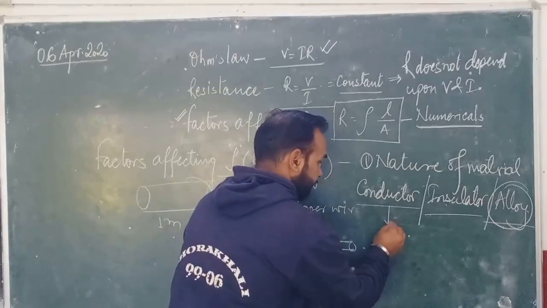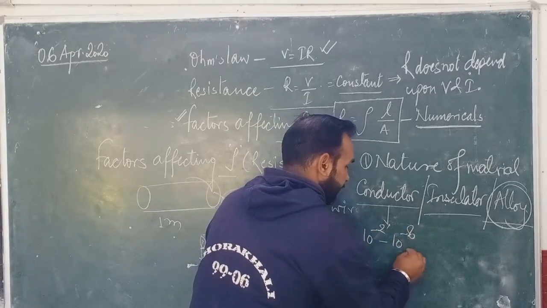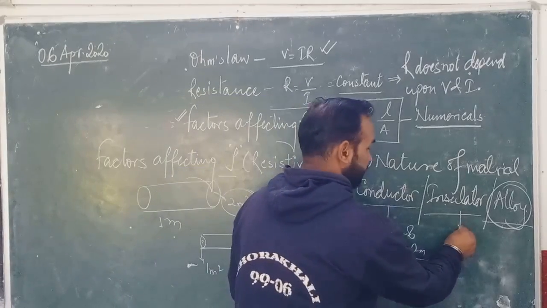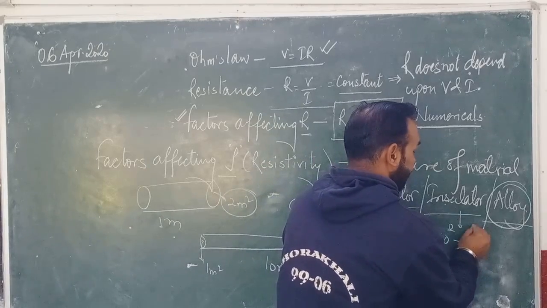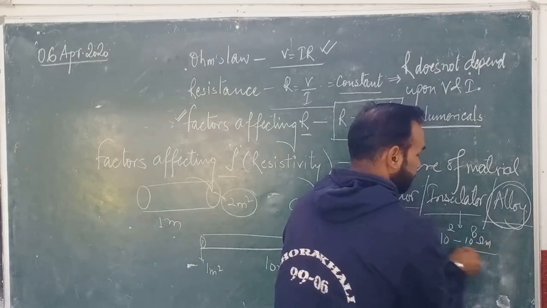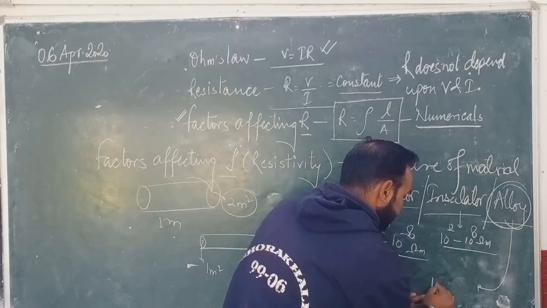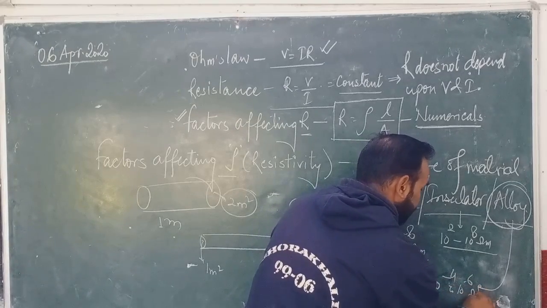Conductors have resistivity from 10 to the power minus 2 to 10 to the power minus 8 ohm meter. Similarly, insulators have resistivity from 10 to the power 2 to 10 to the power 8 ohm meter. Whereas alloys have resistivity of 10 to the power minus 4 to 10 to the power minus 6 ohm meter.